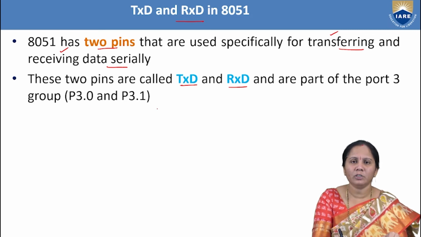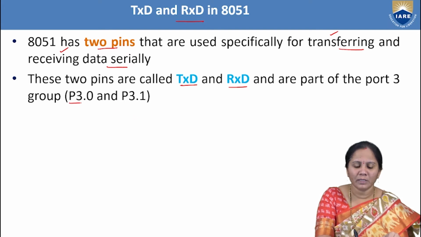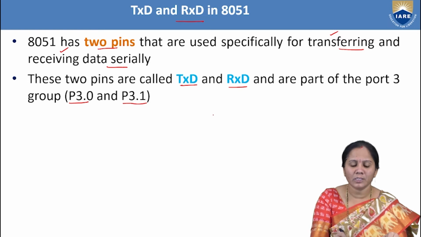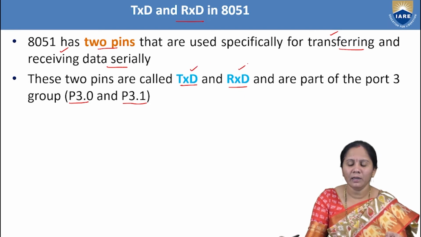Especially if you see port 3 pins, each pin has its own operation. P3.0 and P3.1 are the 2 port 3 pins which have another function other than IO port, that is TxD and RxD.